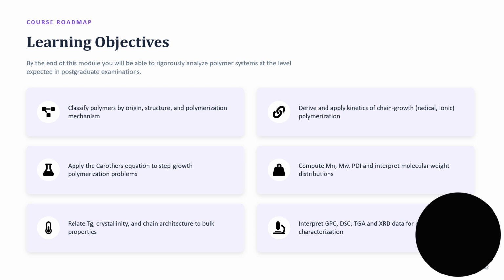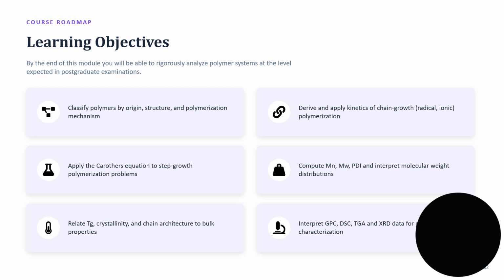Apply the Carothers equation to solve step-growth polymerization problems, which is a favorite in GATE numericals. 4. Compute number-average and weight-average molecular weights and interpret dispersity. 5. Connect glass transition temperature and crystallinity to real bulk properties.